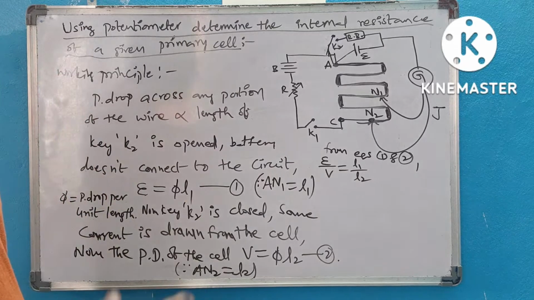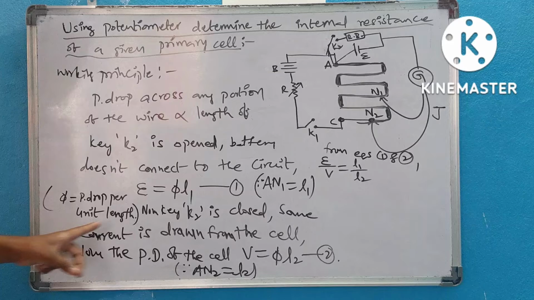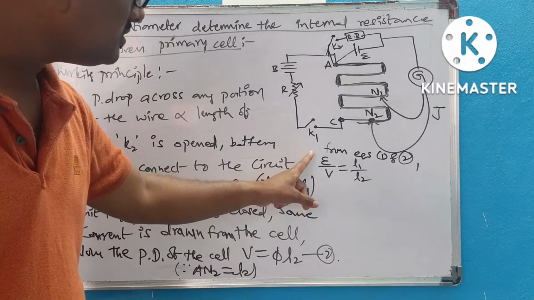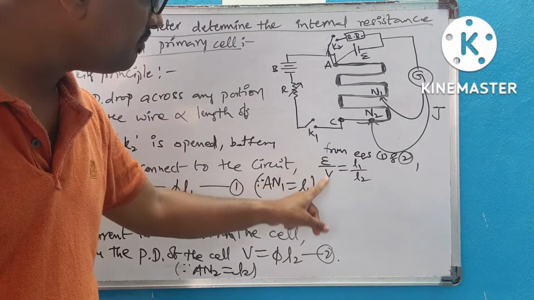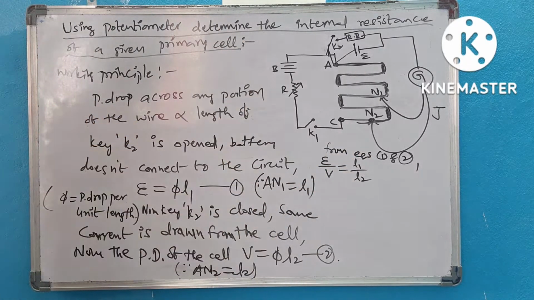Why? Because phi is the potential drop per unit length, so phi cancels. So finally, from equations 1 and 2, EMF by potential, E by V equal to L1 by L2.